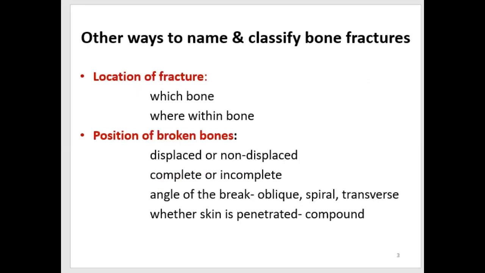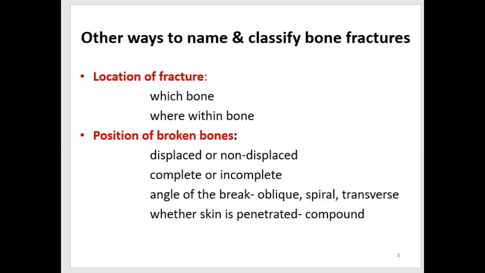There are lots of other ways to classify bone fractures or name them. You could name a fracture just simply by which bone is broken or where in the bone it's broken, so the location. Also, the position of the broken bones might be used to at least classify and partially name a bone fracture.